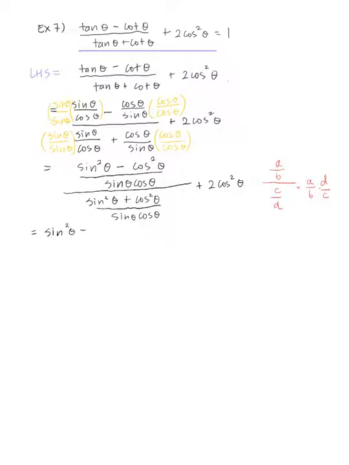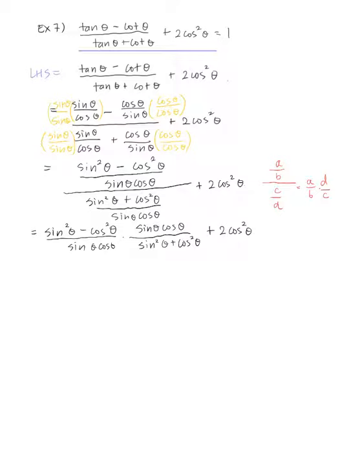Sine square of theta minus cosine squared, all over sine cosine, multiplying here by the reciprocal of the denominator. And don't forget this little plus 2 cosine square of theta.